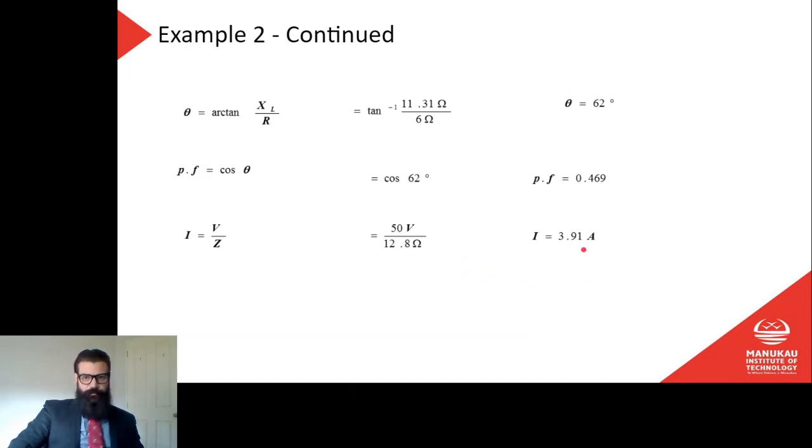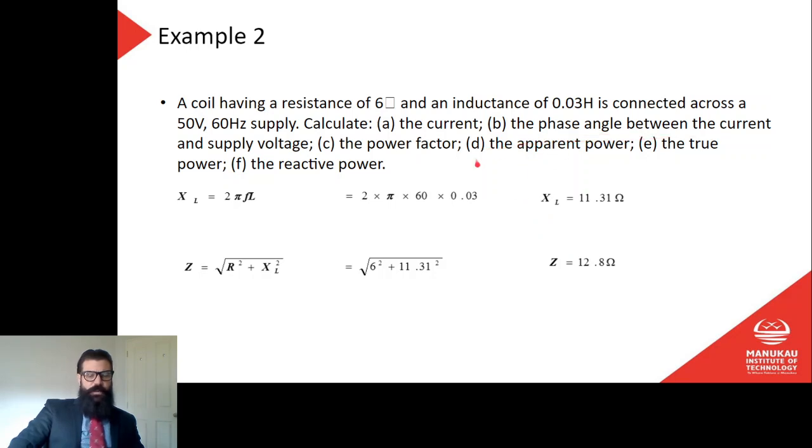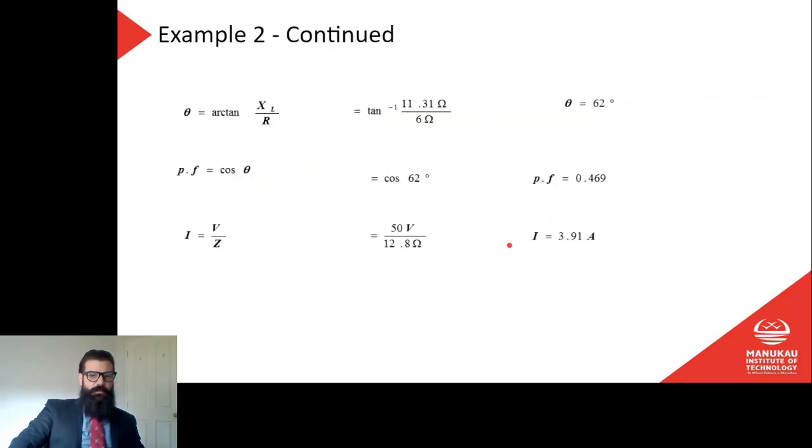Easy enough. Next question was the phase angle between the current and supply voltage. So I'm going to use the inductive reactance and the resistance because they'll be two sides of my triangle. Remember, it doesn't matter if I did the impedance triangle or the power triangle, the angle would be the same.